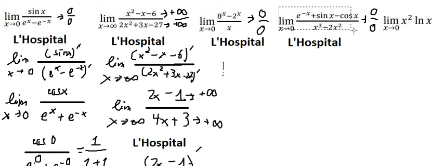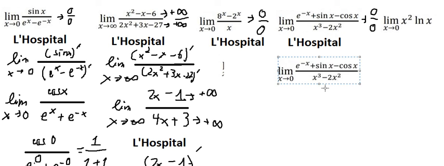So that means for this one, we can take the first derivative of the numerator and denominator. So you get the limit as x approaches 0.